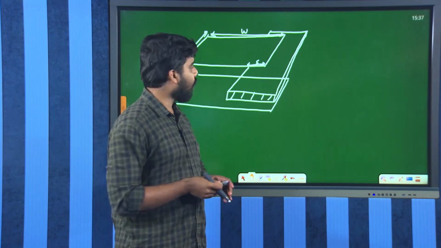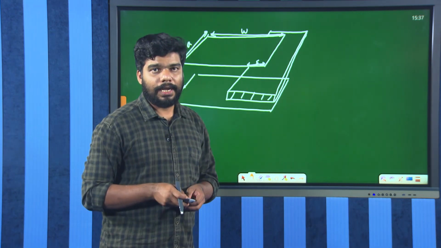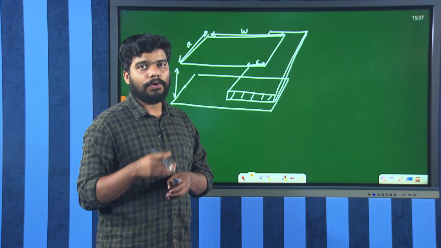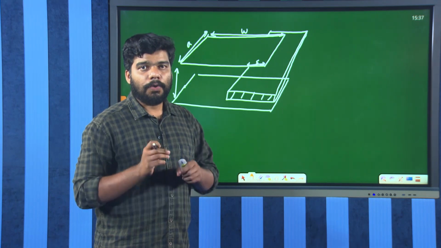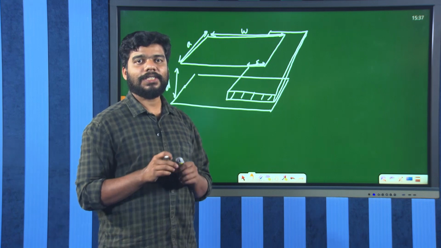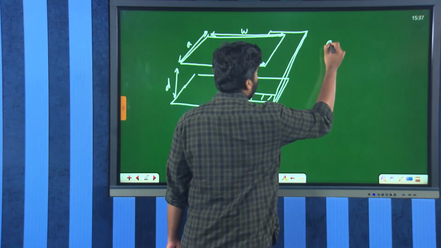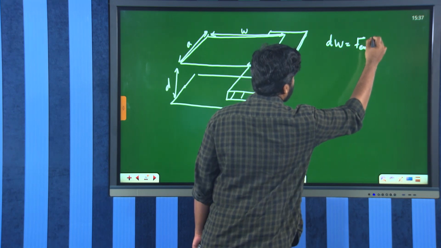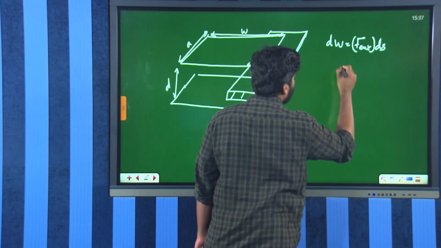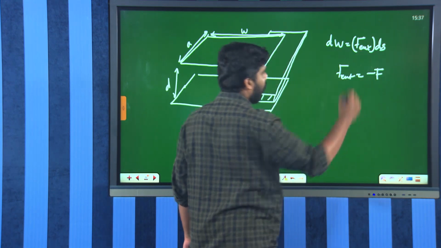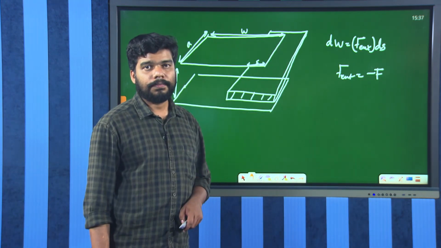I have to find out the force acting on the dielectric slab, so that I can compute the work done to pull the slab out of the capacitor plates. The small work to be done to pull the slab through a small distance is given by dW = F external · ds, and this F external is nothing but the opposite of the force exerted by the dielectric.